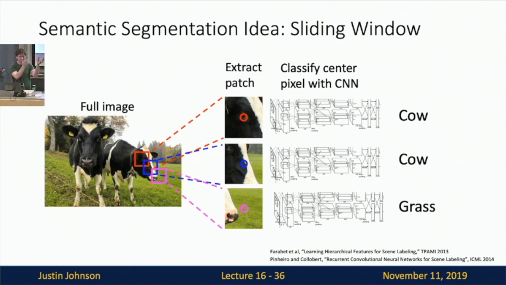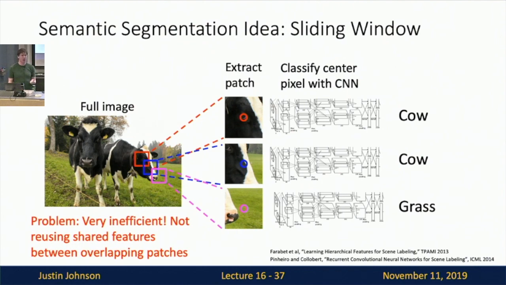And we could imagine extracting patches around every pixel in the image and repeating this over and over and over again. And this would be very, very slow, very, very inefficient. This would be the equivalent of slow R-CNN, but for semantic segmentation. So of course, we definitely don't actually use this method in practice. But it's instructive to think that this, in principle, should work pretty well given infinite amounts of computation.